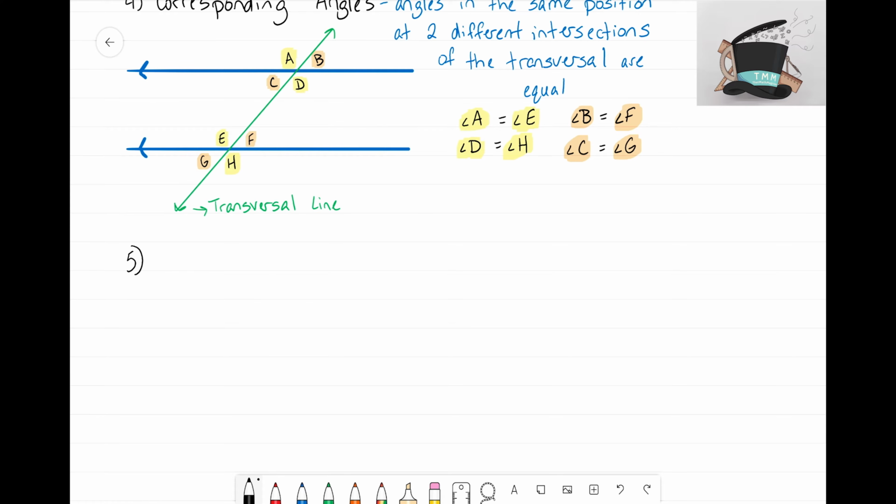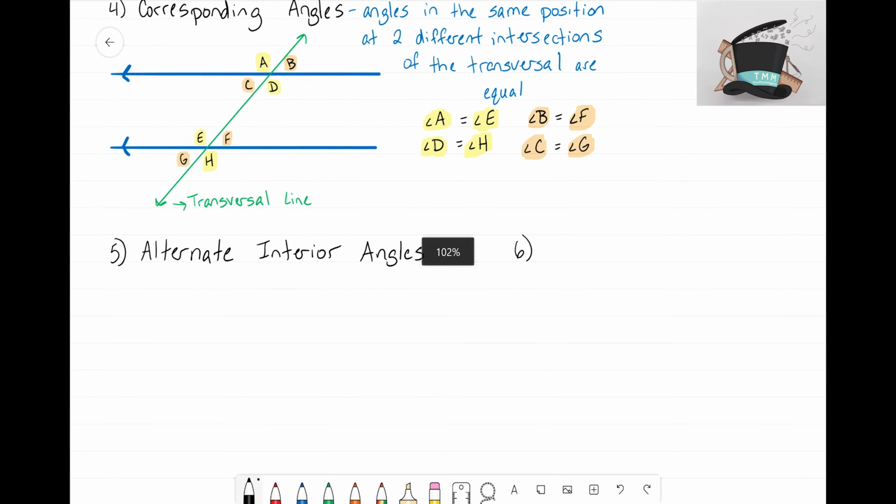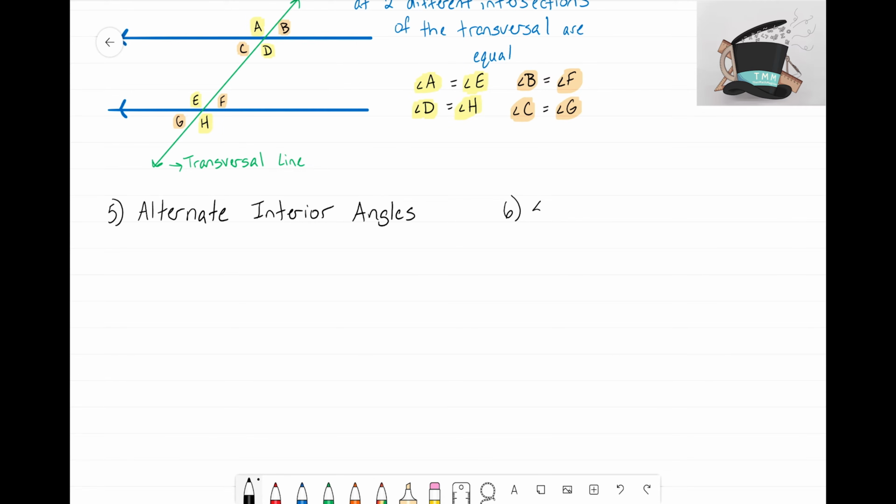Our 5th angle relationship is called alternate interior angles. And our 6th one, which I'm also going to write right next to it so we have them at the top and can talk about both, is called same side interior angles.